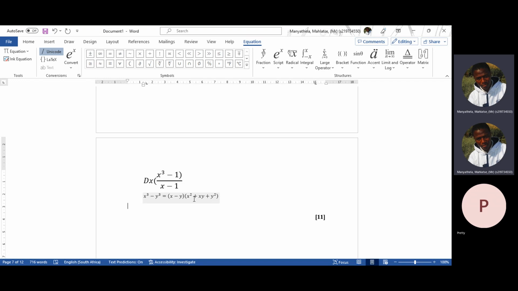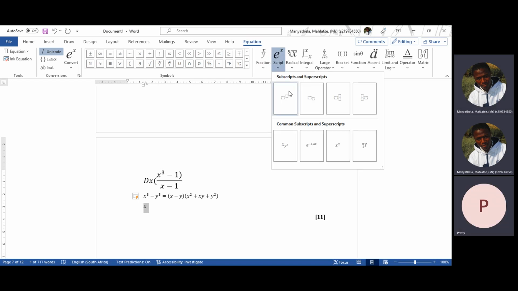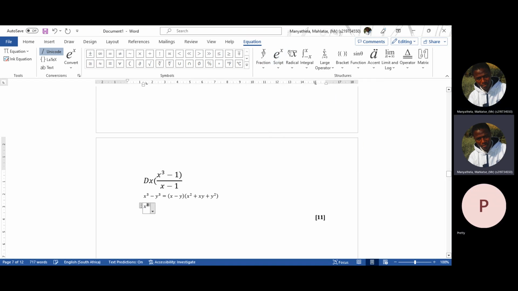The bases are the same, so you add the exponents. 1 plus 2 will be x cubed. So the answer is x cubed. Then x times xy gives x squared y.